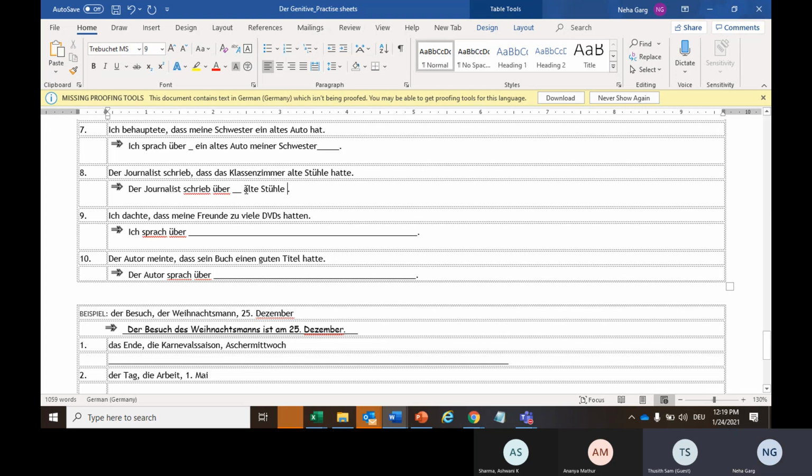No, no. So der Journalist schrieb über, so the journalist wrote about the old stools of the classroom. How will we write that? Alte Stühle, and das Klassenzimmer is neutral, right? Des Klassenzimmers. Yes, and then S for genitive.